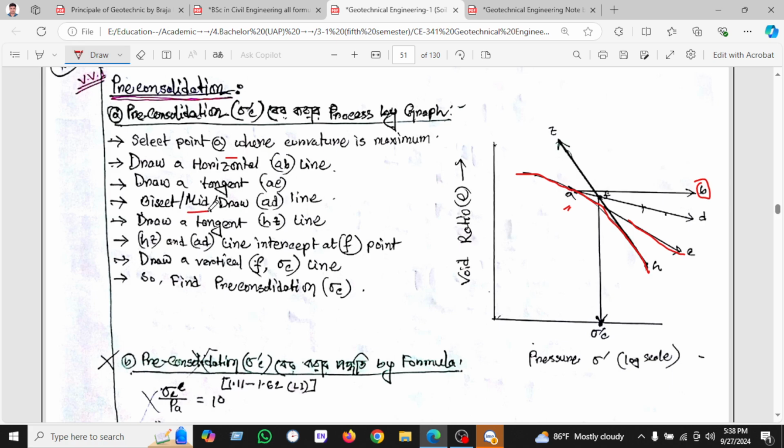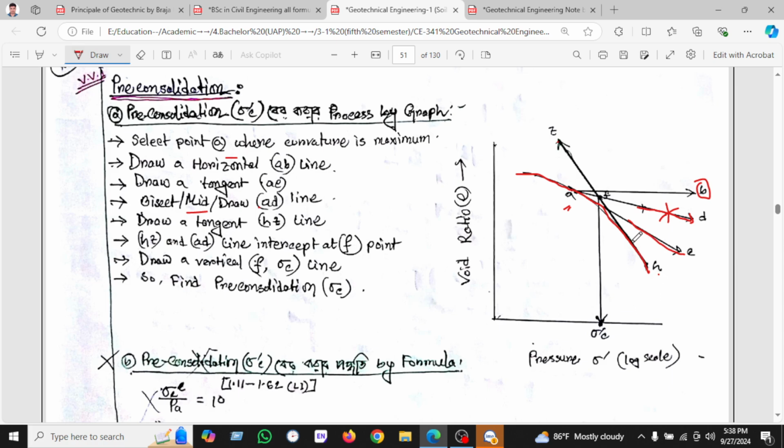And the midpoint, how will we get this midpoint? We are taking the compass here and another compass here. This is the midpoint, called midpoint D. So AD is drawn here. Then draw the tangent line, here is the H and here is the tangent.